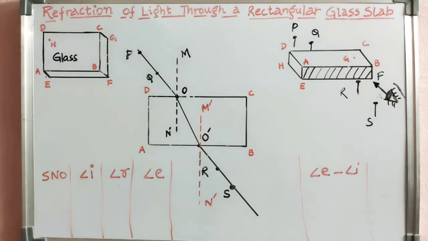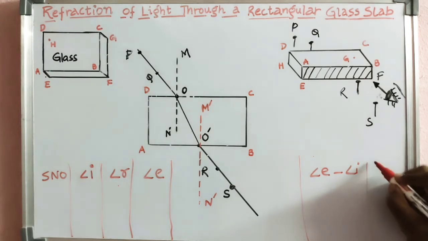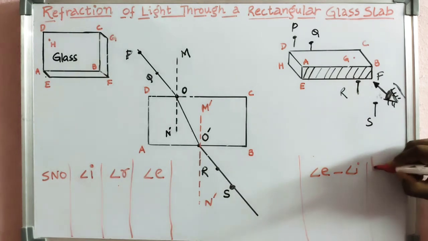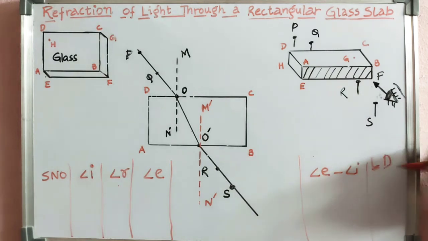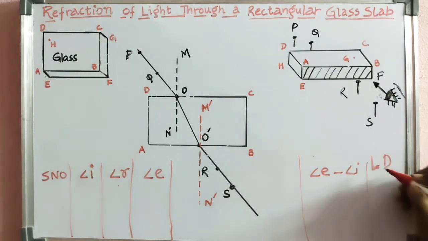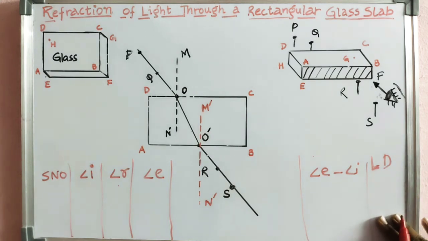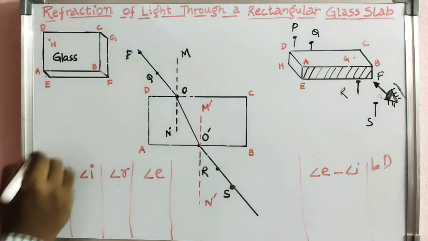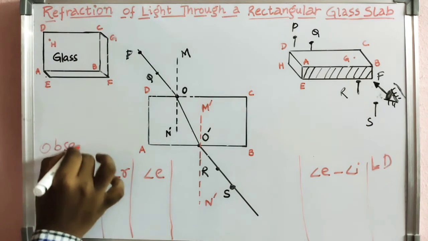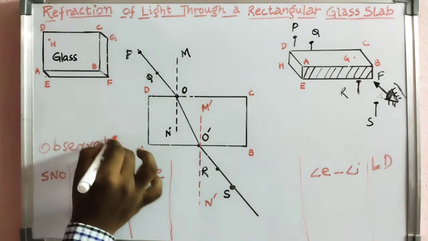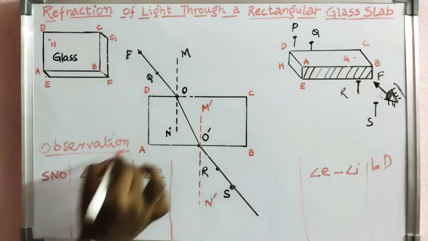And if your teacher wants you to write the lateral shift or lateral displacement, please include that in the table also. If he does not insist, then leave it. So this is my observation table.